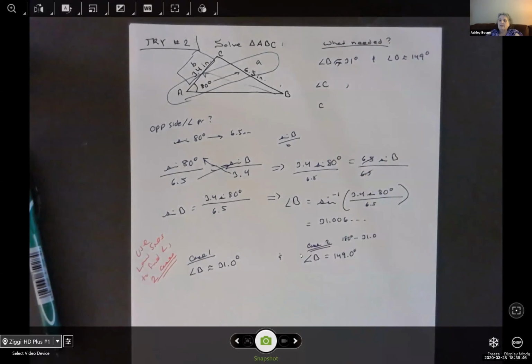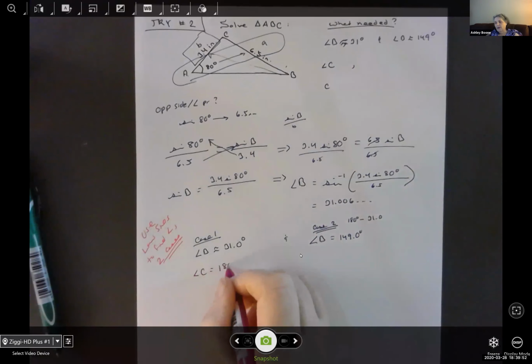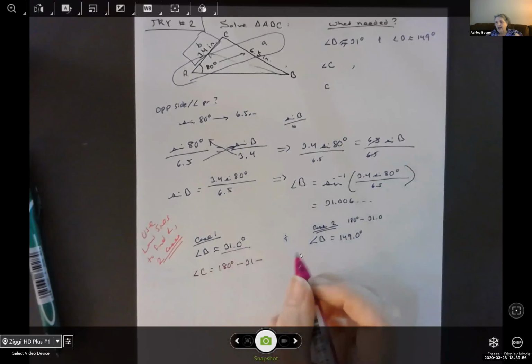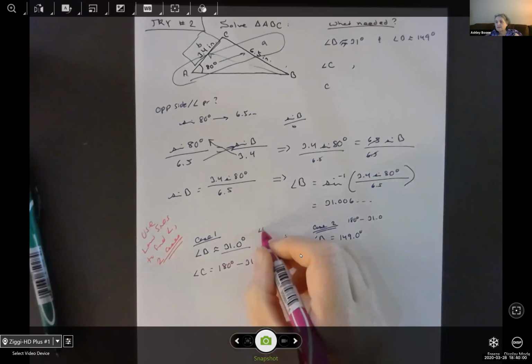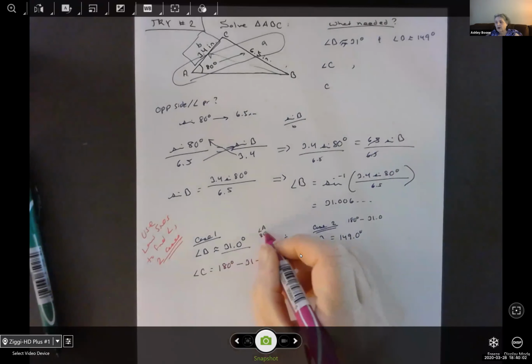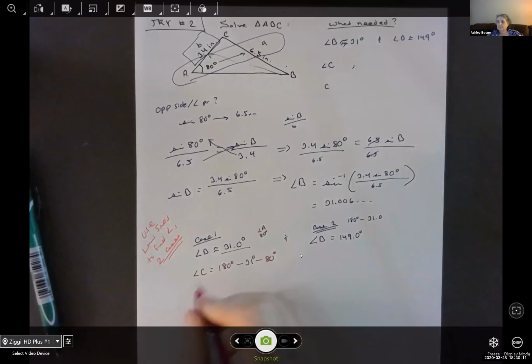What does that mean about angle C? We can get angle C by taking angle B away from 180, and angle A, which was 80 degrees, away from 180. So 180 minus the 31 minus the 80 is 69 degrees.